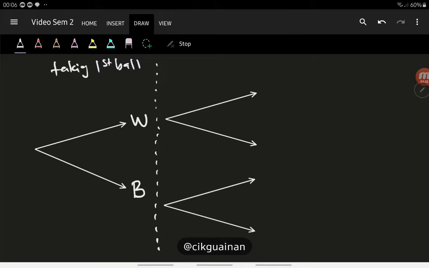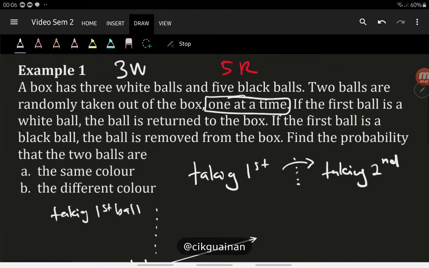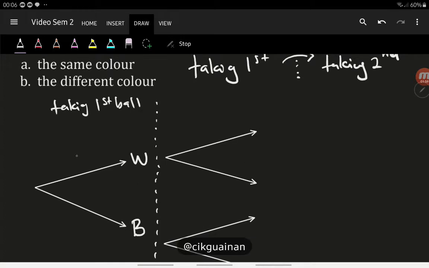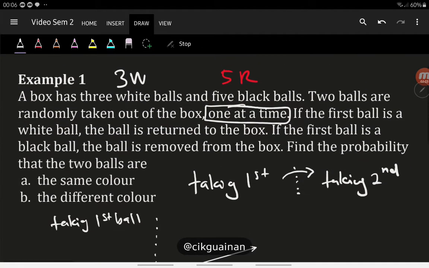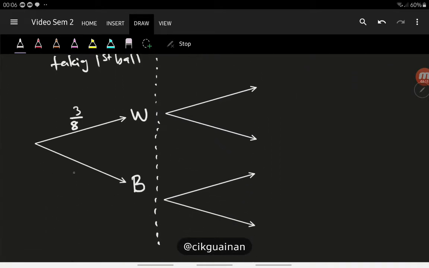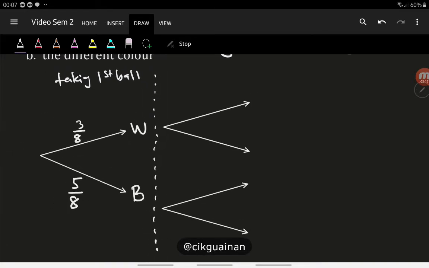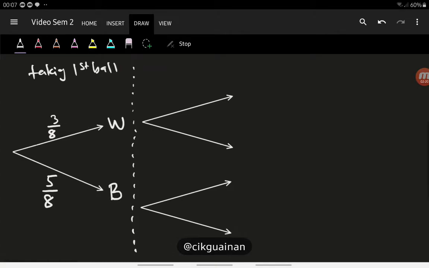The probability of getting white is 3 over 8, and black is 5 over 8. Oops, why red? My bad. 5 black, the remaining. So this is the first process, taking the first ball.